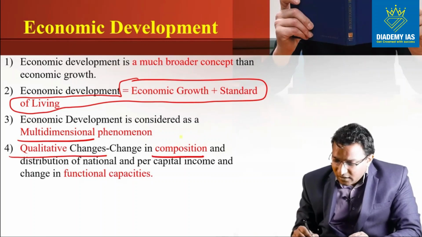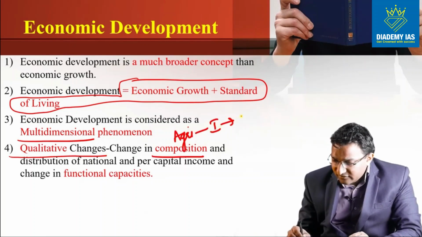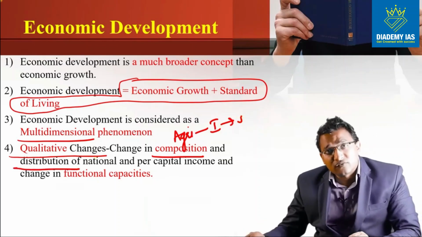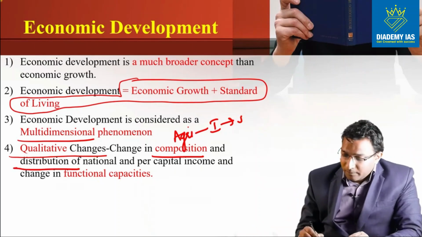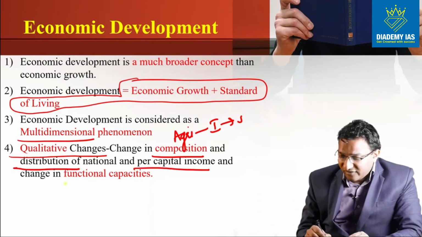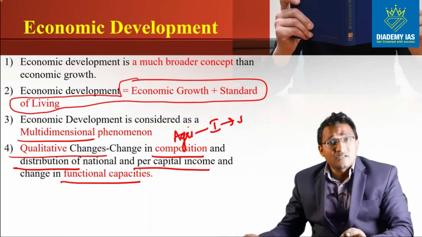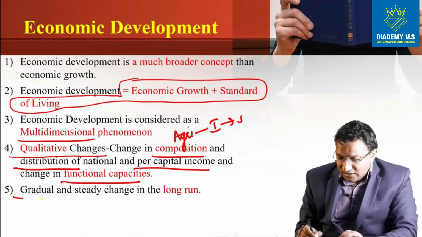Composition means from agriculture to industry, from industry to service sector, and so on. And distribution, instead of just men, it now also belongs to females. Per capita income and change in the functional capacities. Change in the functional capacities means now the people's skills have been developed. Gradual and steady change in the long term.